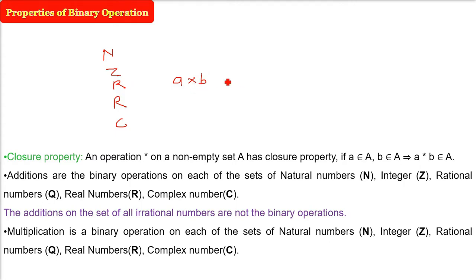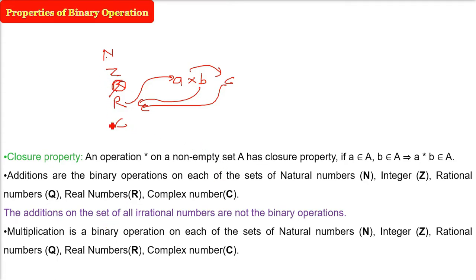The resultant value should go to that set from where they were taken. Let us say a we have taken from real numbers, b we have taken from real numbers, and we multiplied these two numbers. The result should be from the real numbers. It should be in this set.